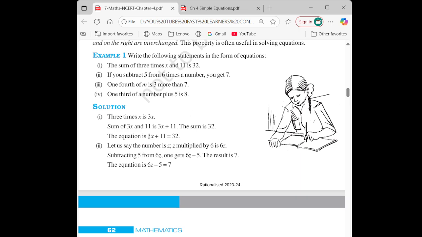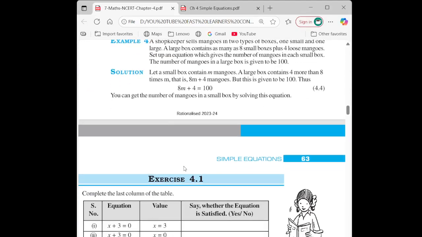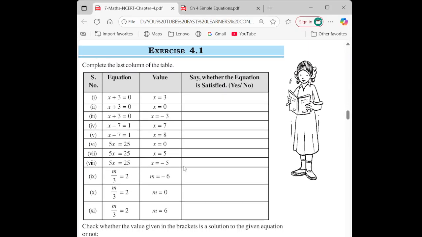So it is written as 3x plus 11 equal to 32. If you subtract 5 from 6 times a number, you get 7. So it is 6z minus 5 equal to 7. This is how you write equations.